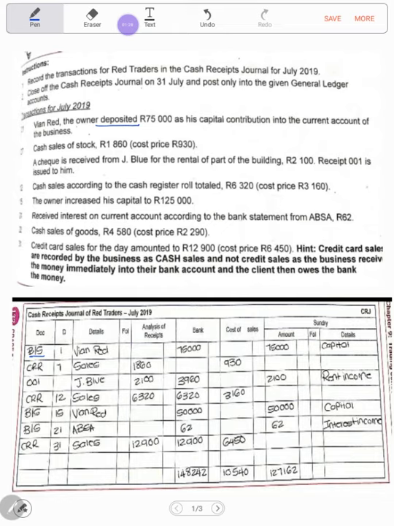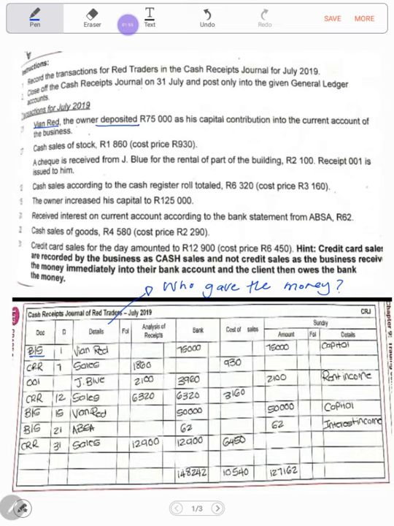Remember, your details is who gave us the money. We know that they told us that the owner, VN Red, deposited the money, and therefore I will place VN Red in our details column.